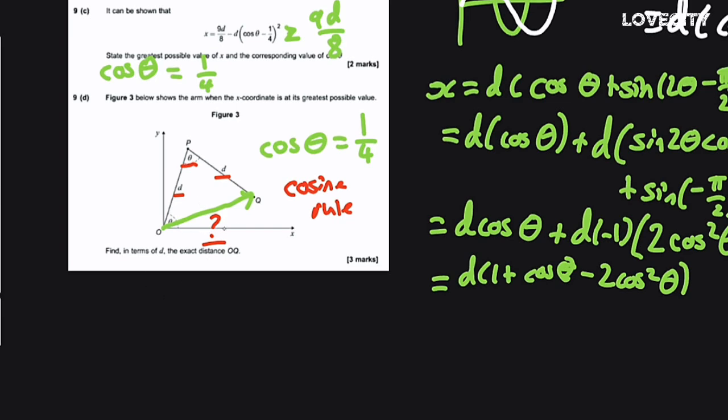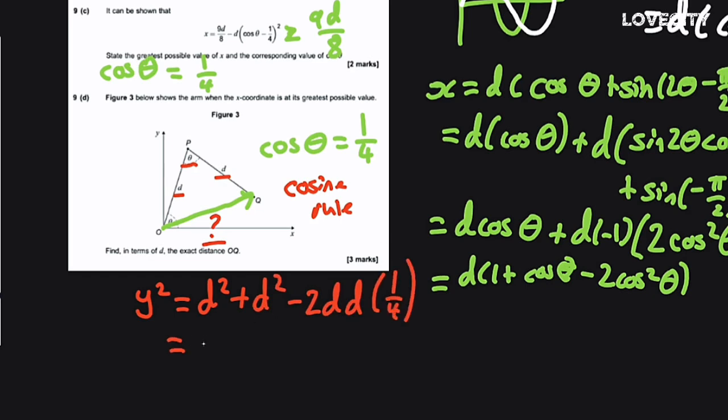So we know that our length, which we're after, I'm going to call this y. y squared is equal to, well, d squared plus d squared minus 2d squared cosine C, which is a quarter. So all in all, we get 2d squared minus a half d squared, which is equal to 3 over 2 d squared.